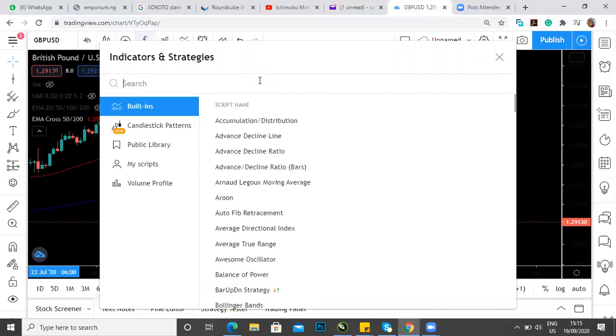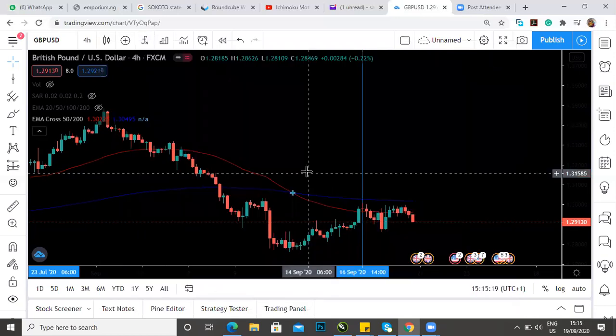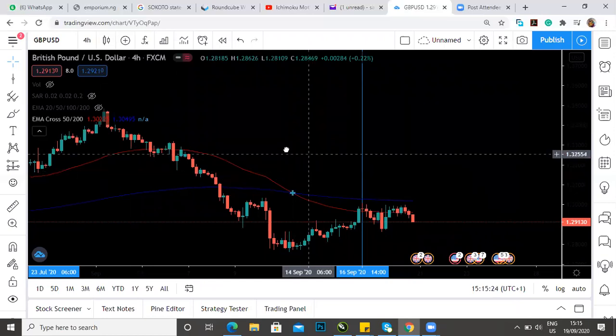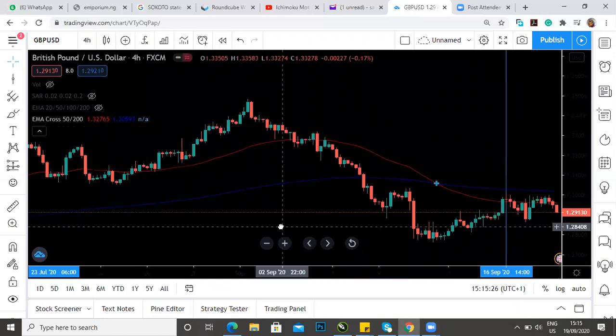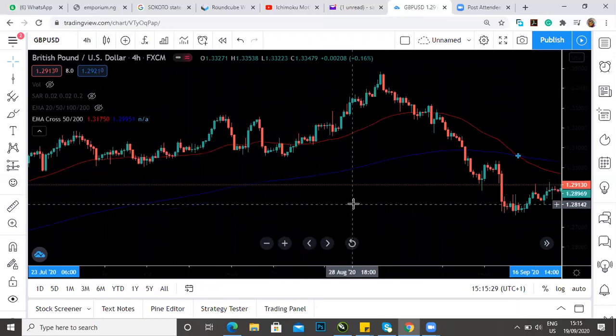This is it, EMA cross. So it brings this to your screen. This is how you have it. Now, the only things you can see on this MA cross, or the three things you can see on this MA cross, are two lines and a plus sign.